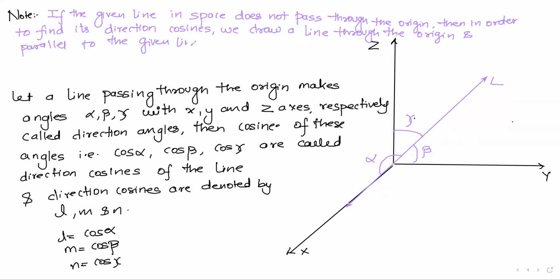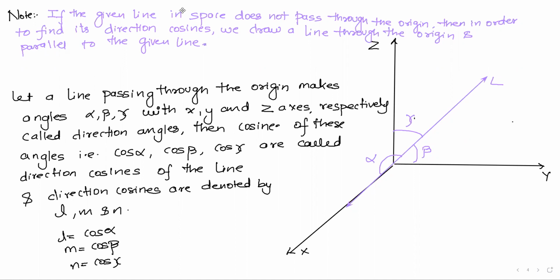As two lines are parallel, find the direction cosines of the other line. That will give you the direction cosines of the given line. Okay, just write this point.